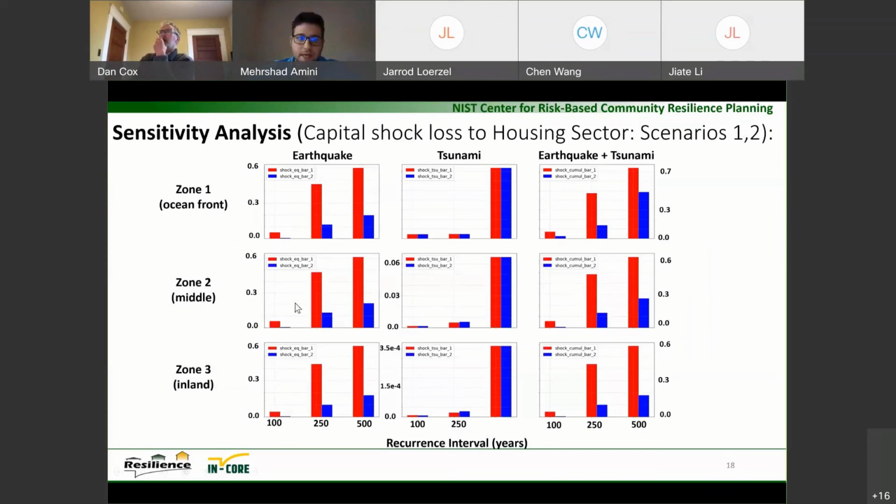As you can see, for all 3 zones, for earthquake, the definition of the damage states affects the result in terms of the capital shock loss, but for the tsunami, it's not sensitive. And for the combined, again, it's sensitive because the earthquake dominates the result for the Seaside 3 recurrence intervals.